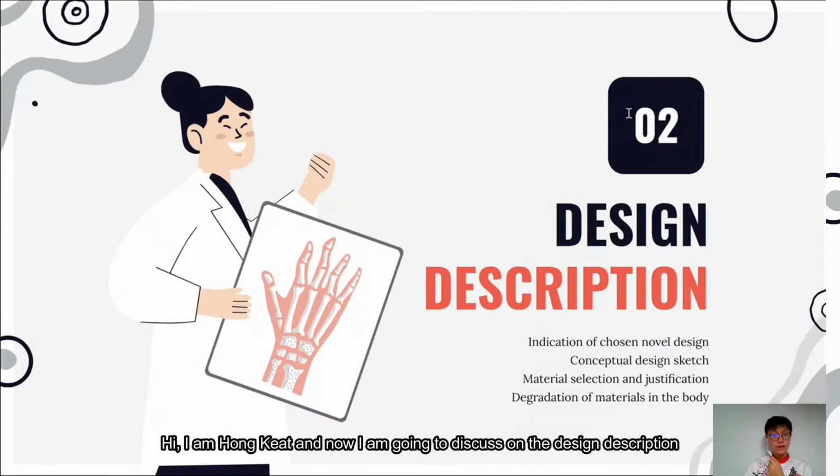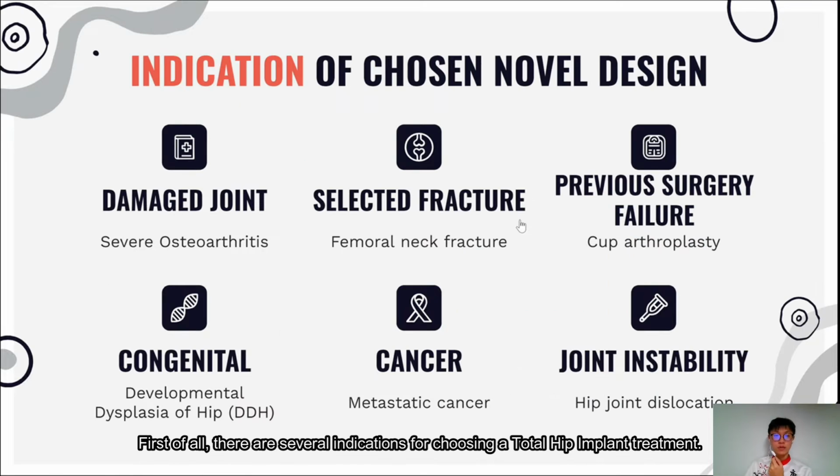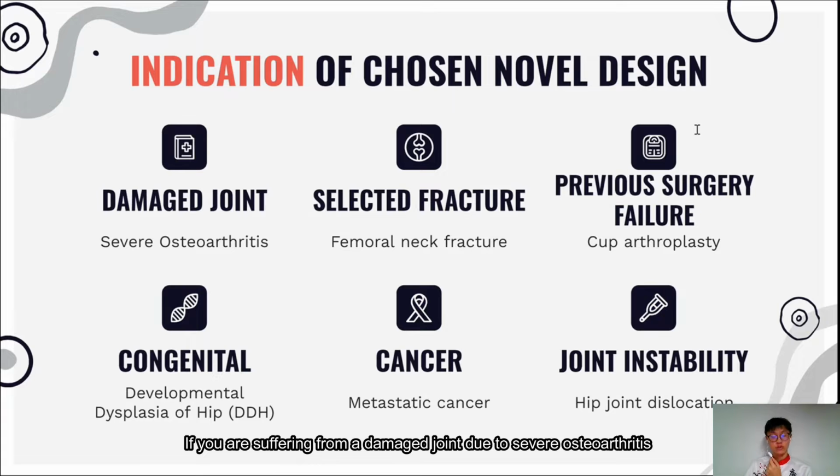Thank you. Hi, I'm Hongkiat, and now I'm going to discuss the design description. First of all, there are several indications for choosing a total hip implant treatment. If you are suffering from a damaged joint due to severe osteoarthritis and experiencing unremitting pain, total hip implant can be the solution.